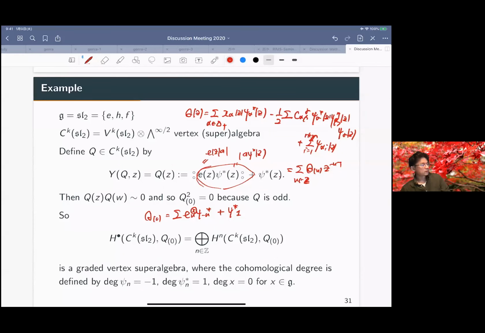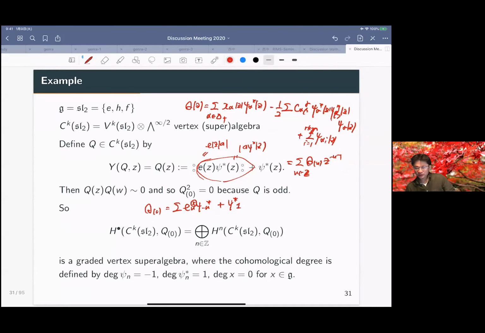So you are looking for the non-Lie algebra case. For the Lie algebra case, it's really the Lie algebra cohomology operator.